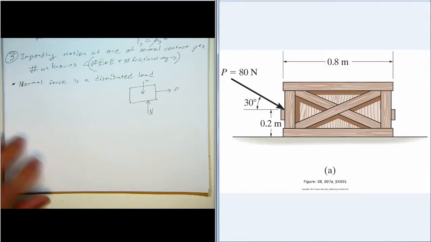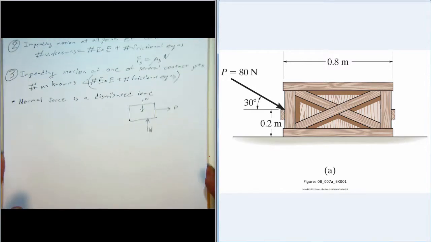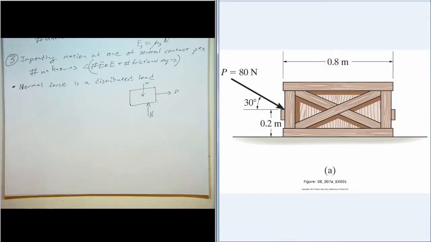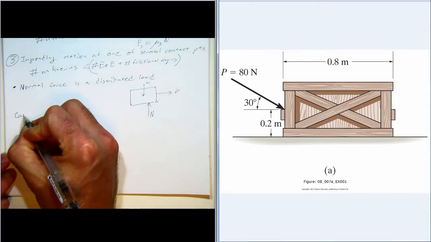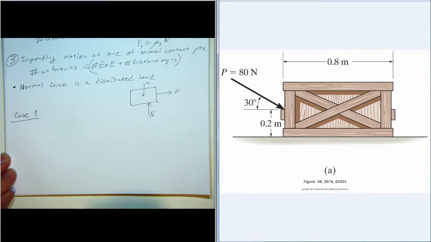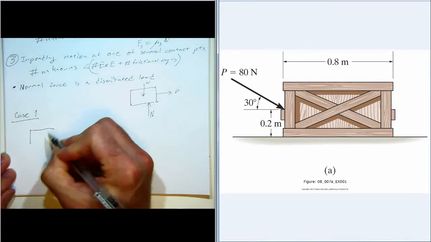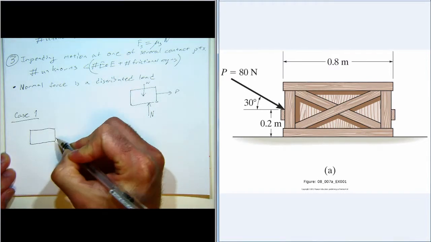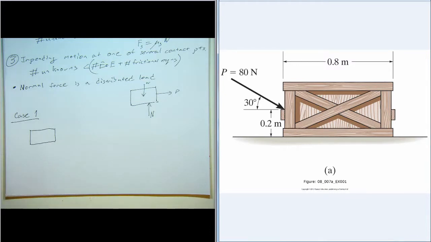So this is a case where we have no impending motion. This is what we consider a case 1. No impending motion. So we'll draw the free body diagram. And no impending motion means that we will solve for all of our forces with just the equations of equilibrium.